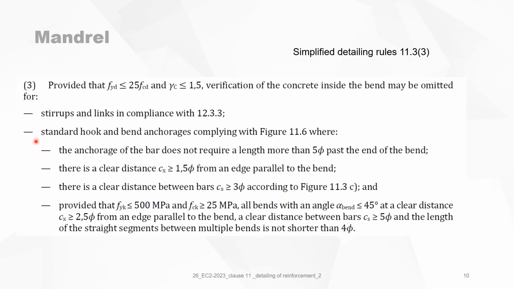On the contrary, when there is a standard hook and bend anchorage, then all those four conditions must be complied with, because the word "and" is at the end of this sentence. So this is not clear. For instance, this condition fyd smaller than 25 fcd, is that also valid for this or not? So it's not very clear.